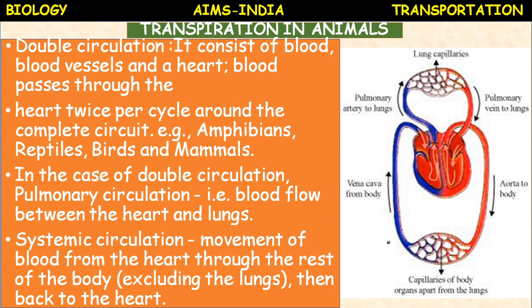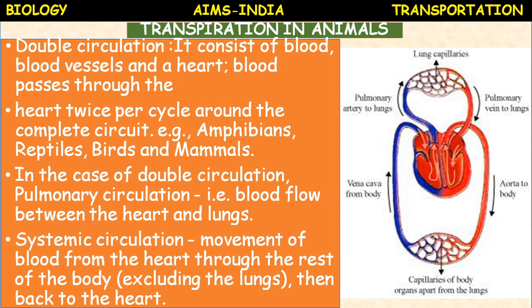In this circulation, the blue color left hand side represents the pulmonary circuit or pulmonary circulation, the circulation between the heart and lungs. And right hand side you can see the blood is oxygenated and reaches the left auricle. Left auricle pumps the oxygenated blood into the left ventricle. Then left ventricle pumps the oxygenated blood to all parts of the body through aorta, big artery.